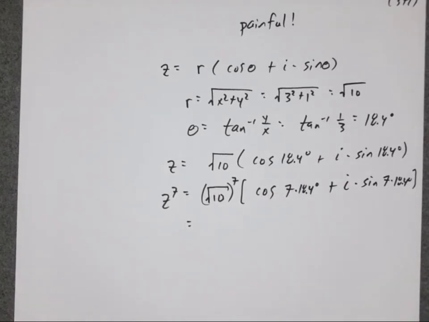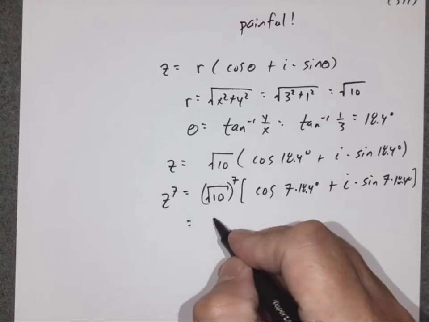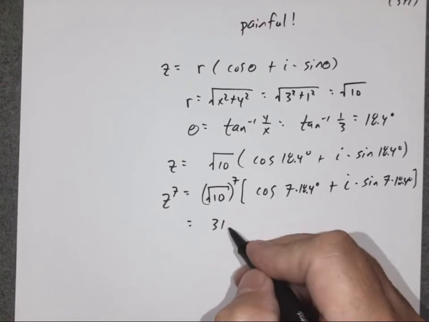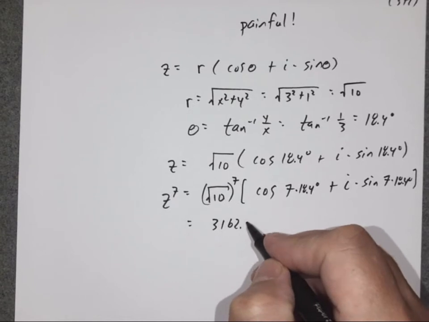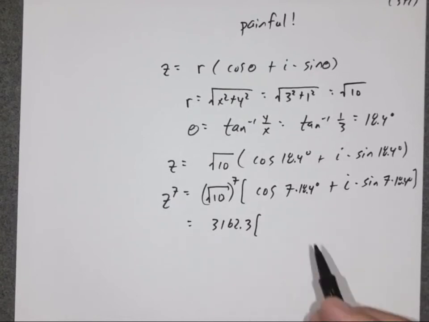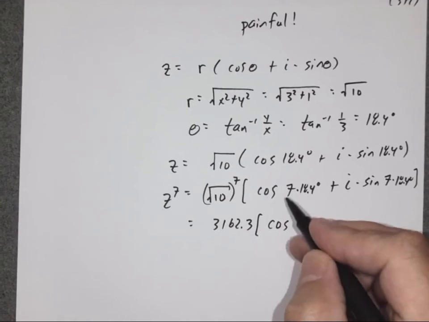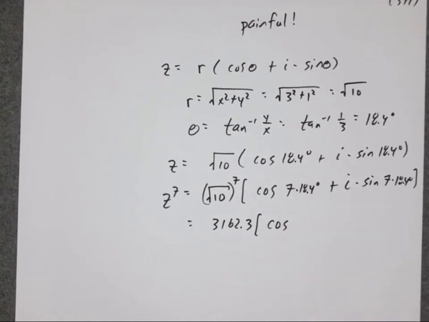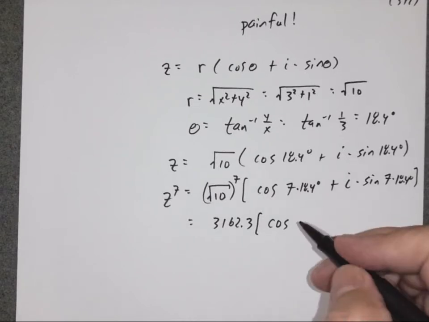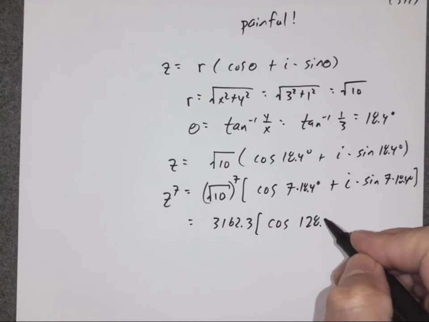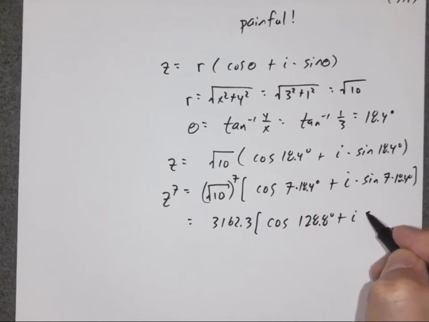So I'll take the square root of 10, raise it to the 7th power. It's going to be a pretty big number, actually. 3162.3, cosine of 7 times 18.4, 128.8 degrees, plus i sine.